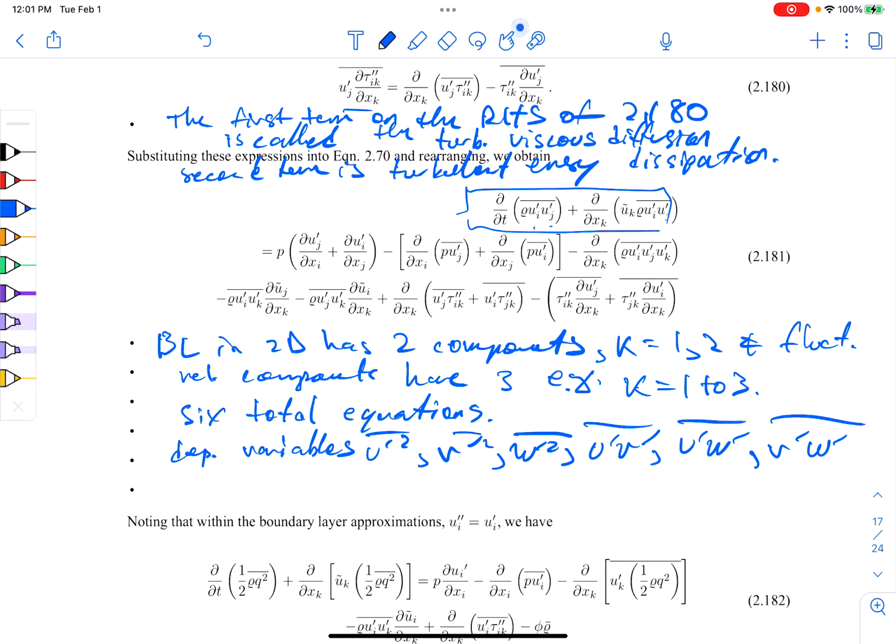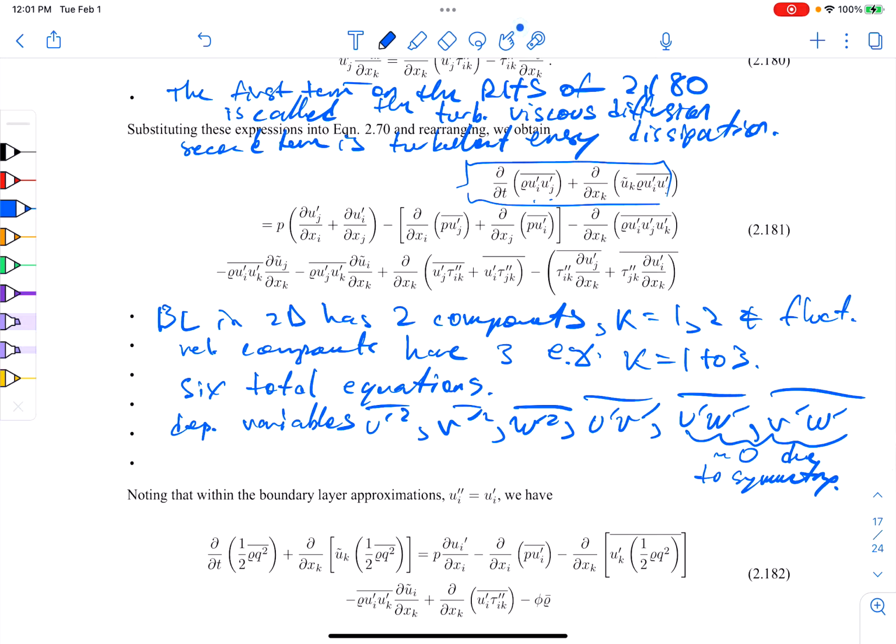So if it's a 2-dimensional flow, we might say that these last 2 terms are going to be 0 due to symmetry. And if we add the 3 equations for u prime, v prime, w prime, we would get the turbulent kinetic energy, right? So k is the addition of u prime squared, v prime squared, and w prime squared. So those are good things.